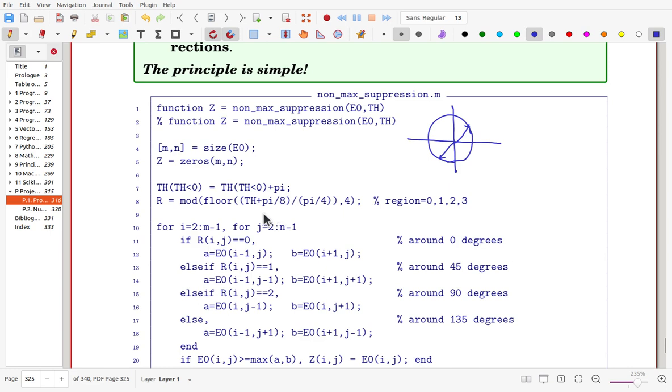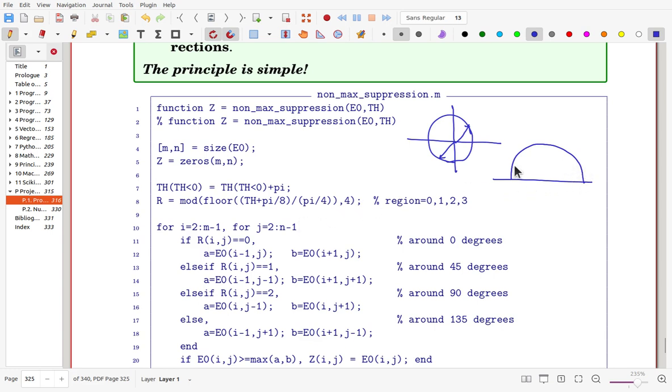Now, after that, the angle plus pi is divided by pi over 4, and we try to get an integer value, and then we take modulo 4. This operation is done because after adding pi, the angle is from 0 to pi.